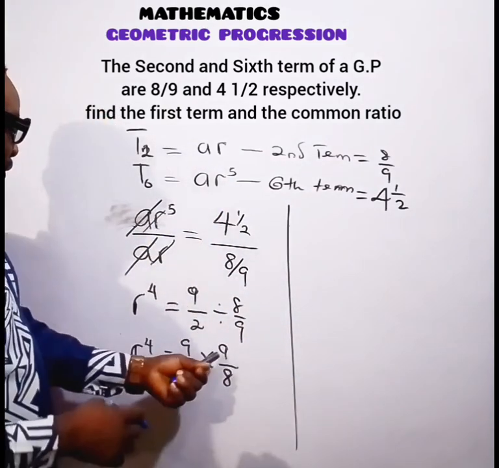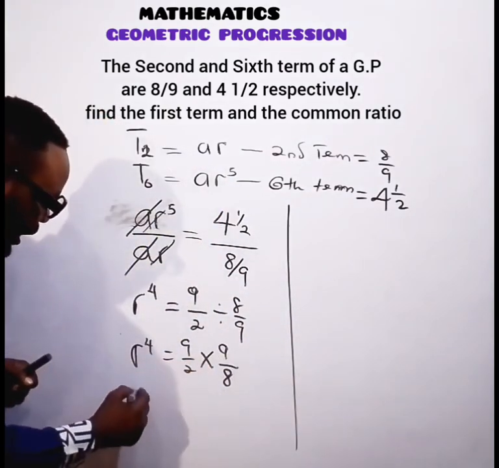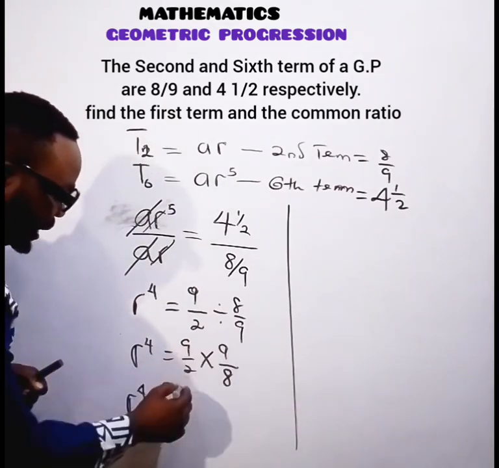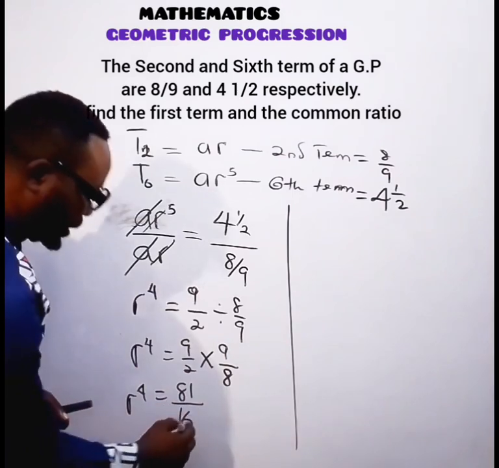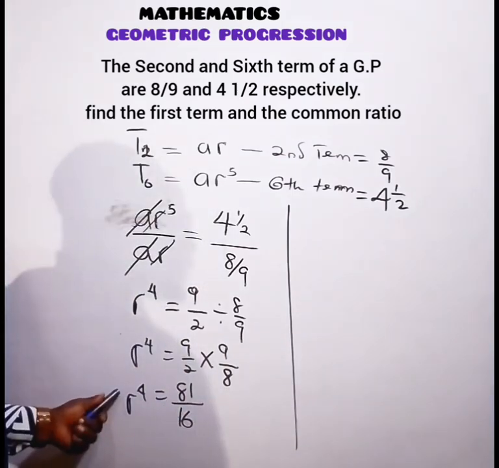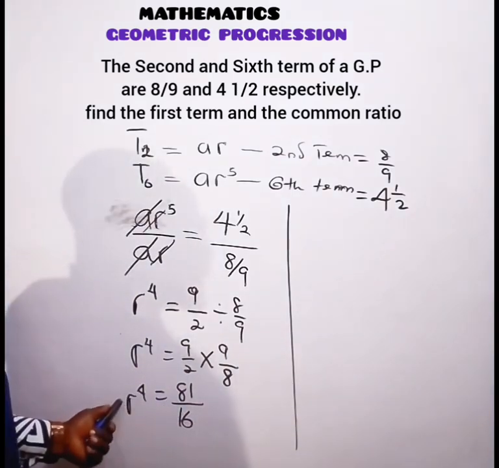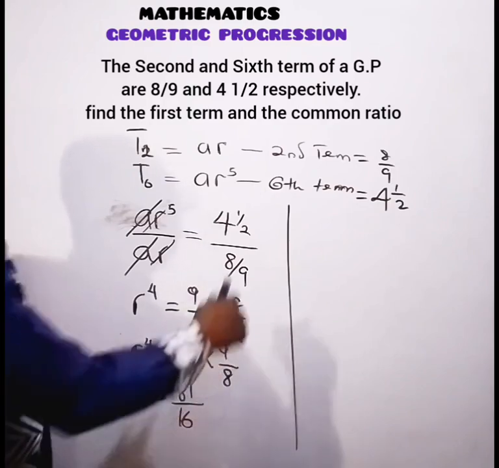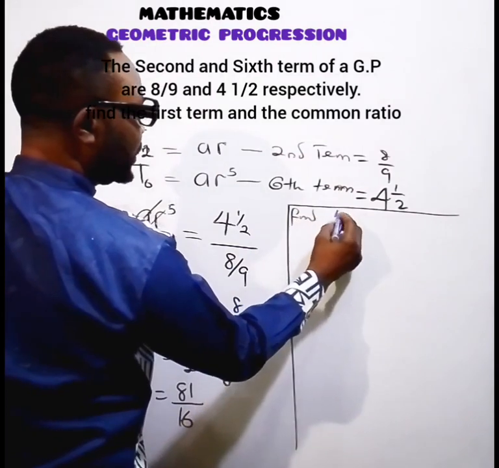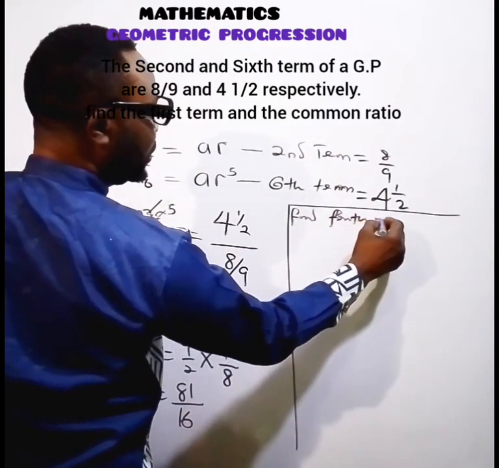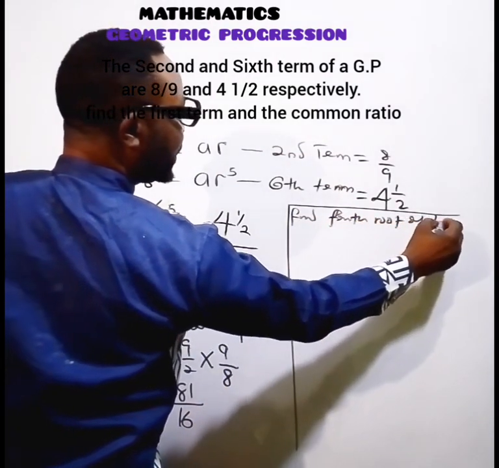Now, after what we have been able to arrive at here, we can now say that R raised to the power of 4 is equal to 9 times 9 is 81 over 2 times 8 is 16. For us to find the value of our R, we need to find the fourth root of both sides.